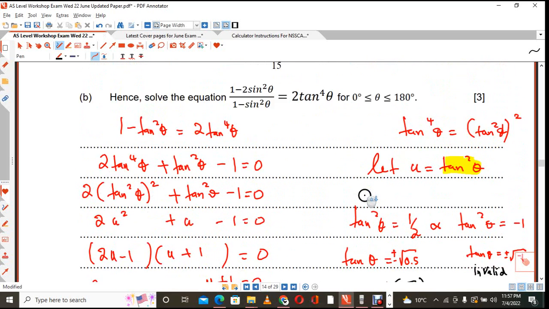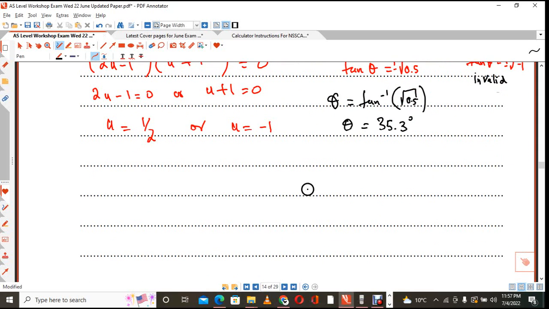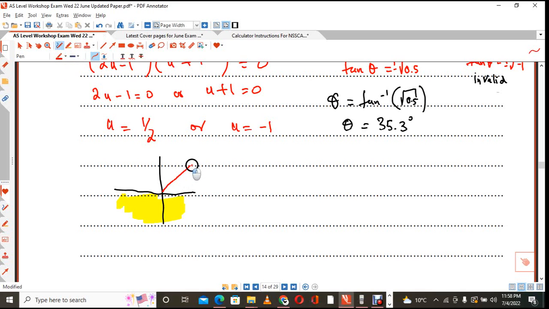But looking at our domain from 0 to 180 degrees included, that means our solution can't obviously be in these quadrants. These quadrants are out, all right? But definitely theta is here, which is also a solution. So in the first quadrant, theta will equal 35.3 degrees.